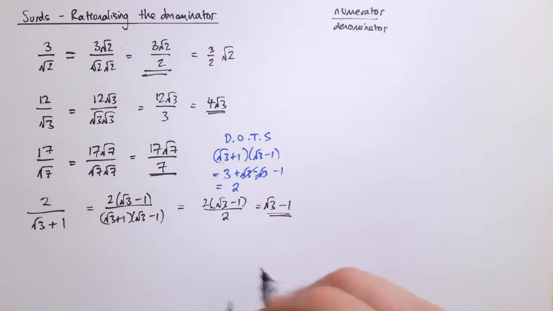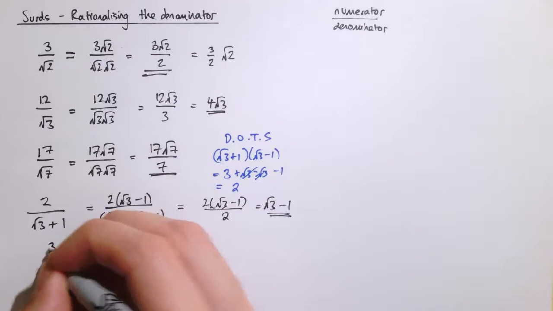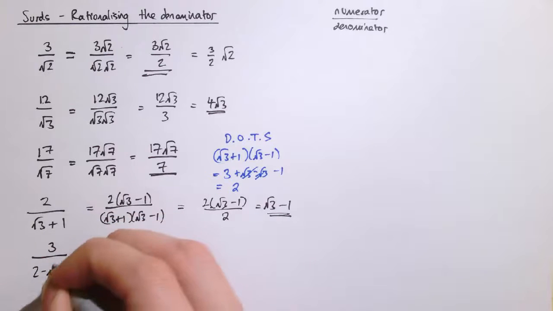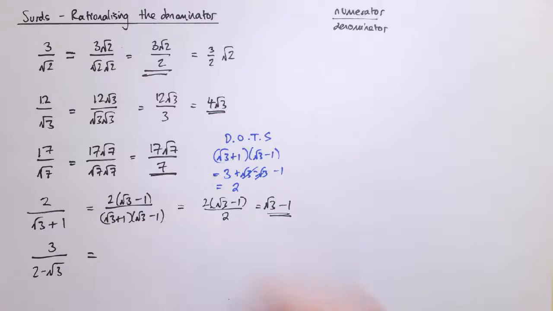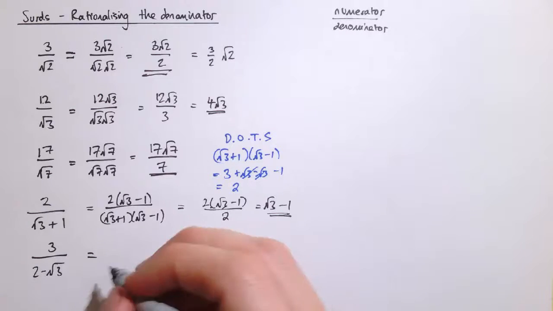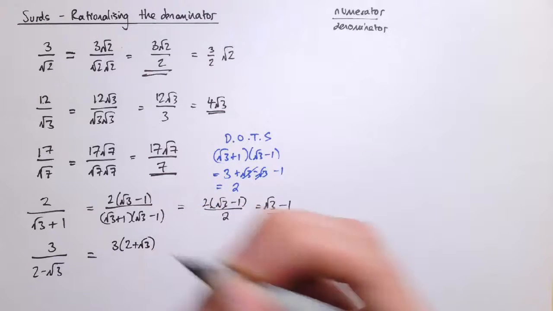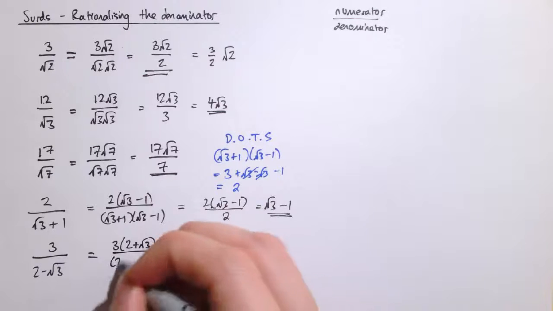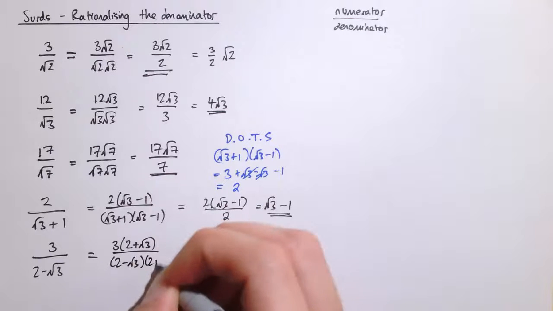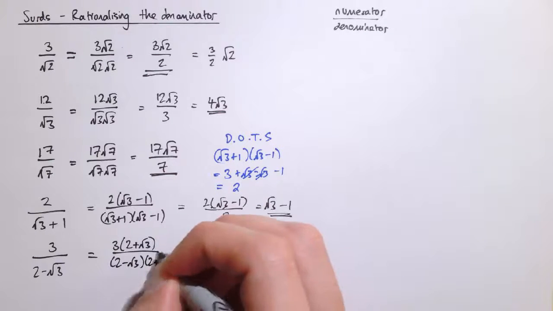Let's take another example just like that. If I do 3 divided by 2 minus the square root of 3, I'm going to multiply top and bottom by the thing to make the difference of two squares on the bottom. So 2 minus root 3, I'm going to change the minus to a plus and use that. So I'll multiply the top by 2 plus root 3 and also multiply the bottom by 2 plus root 3.